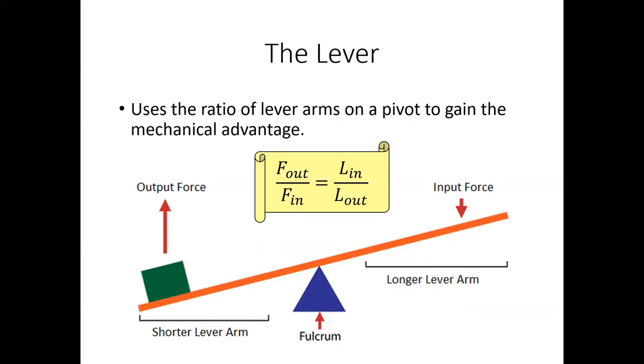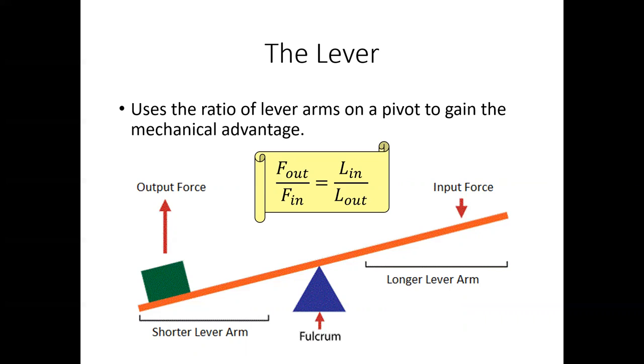I want to pick up that green box on the left. What do I have to do? I could just pick it up. But if I want a machine for that, which is this orange and blue lever, I can also push down on the right side to pick up the box on the left.